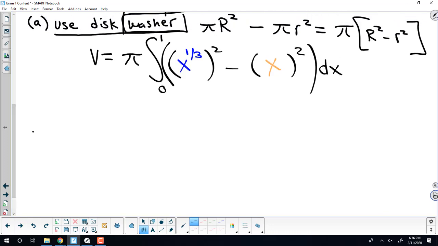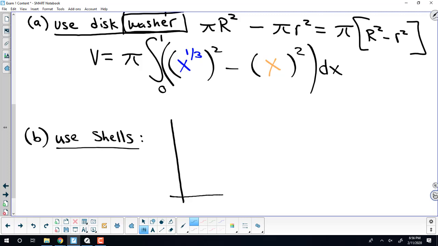All right, then in part B, we'll find the volume using shells. Same region, still revolved around the x-axis.